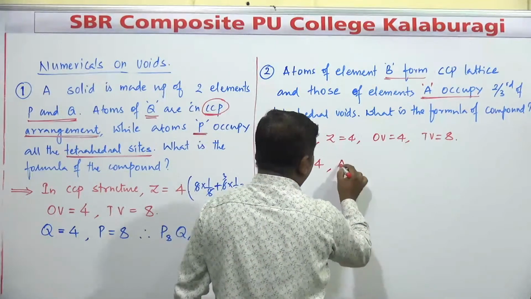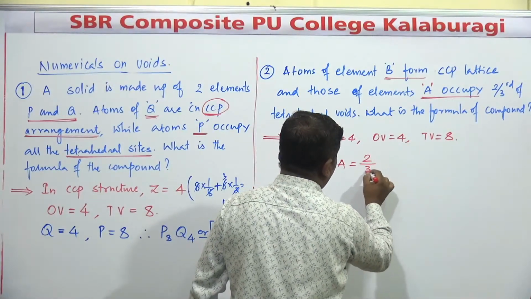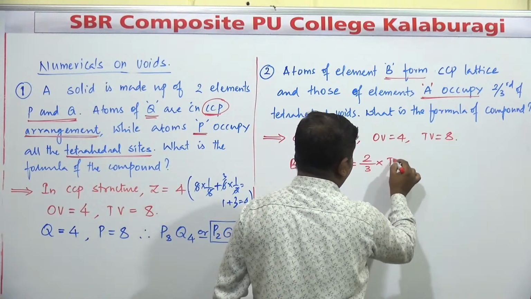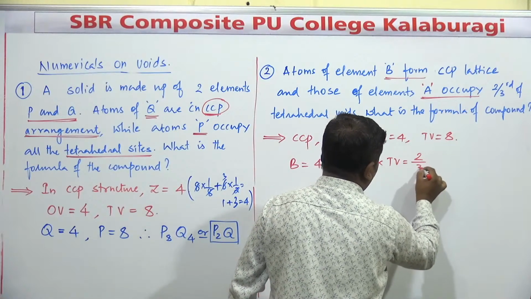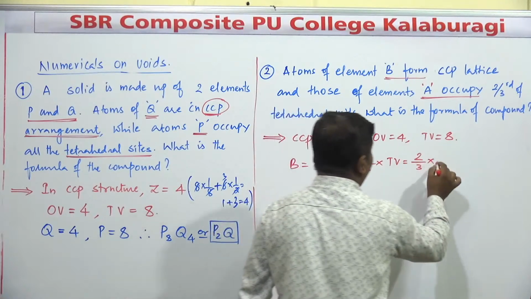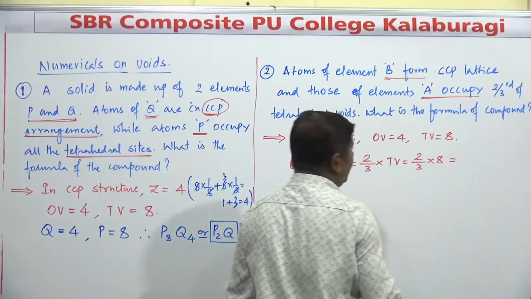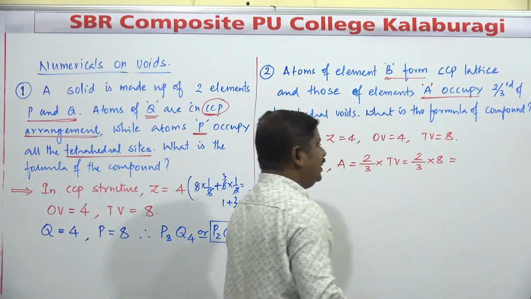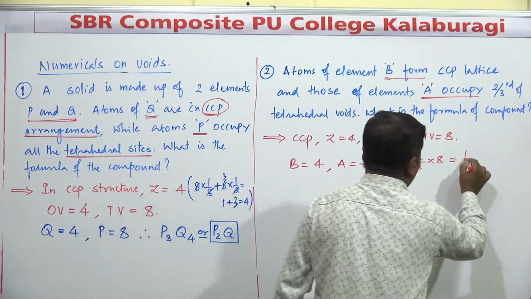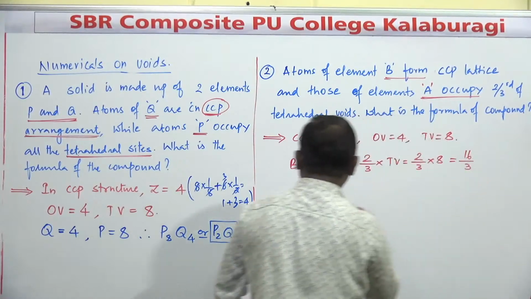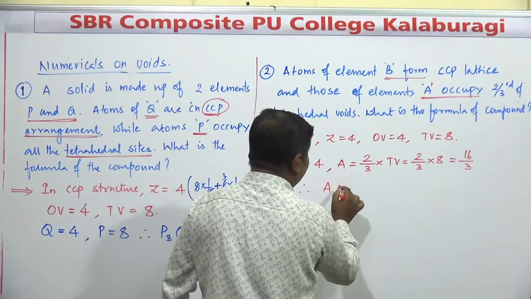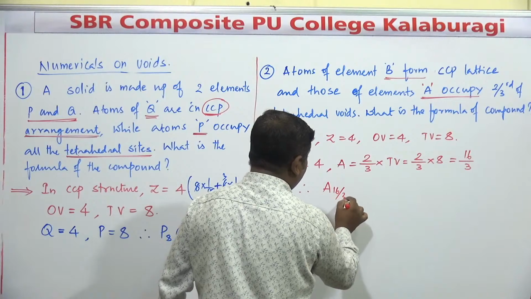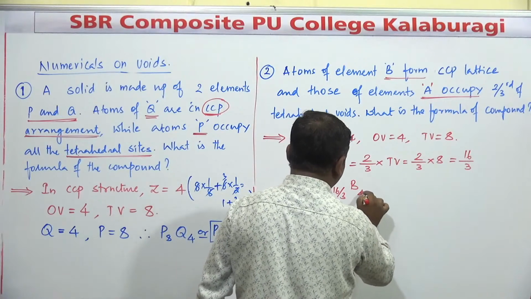A is equivalent to two-thirds of the tetrahedral voids, which is 8. What's the value of this one? Two-thirds of the tetrahedral voids means it is equal to 16 by 3. Therefore, the value of A is 16 by 3. Value of B is going to be 4.